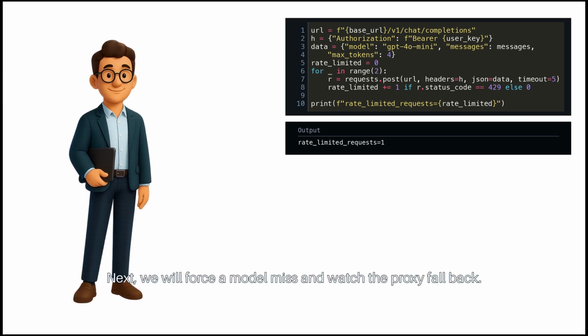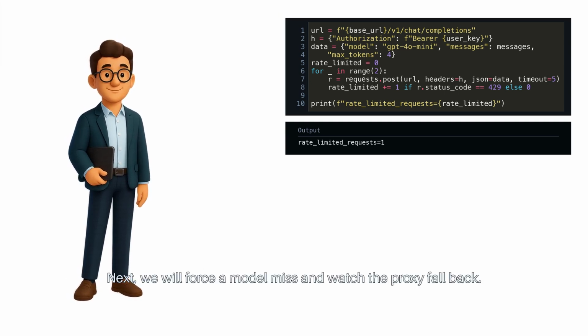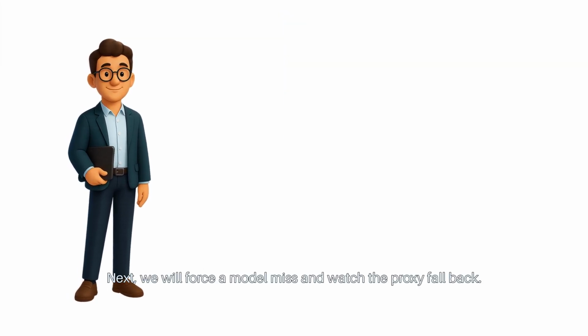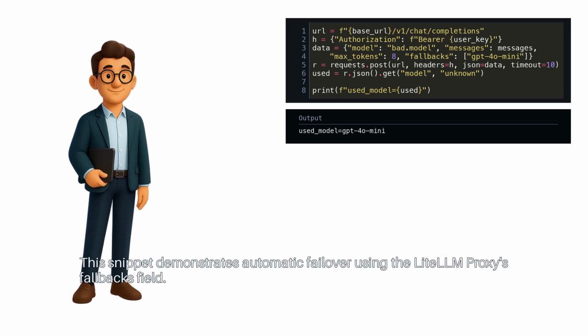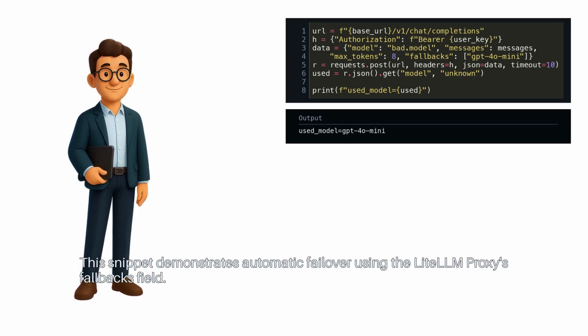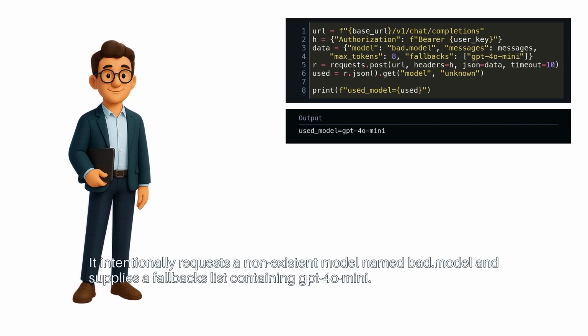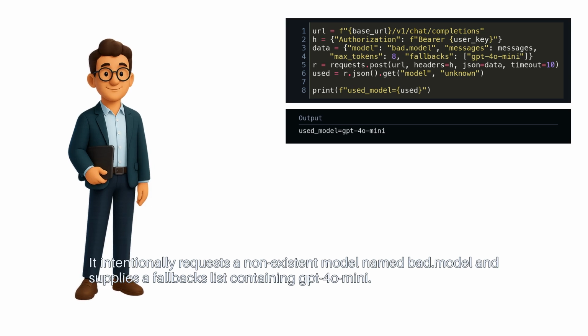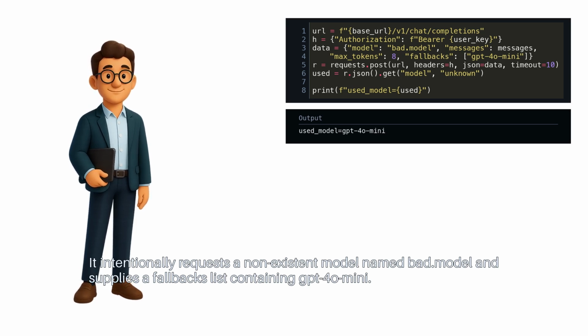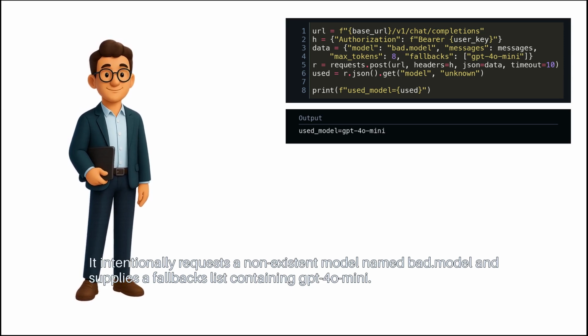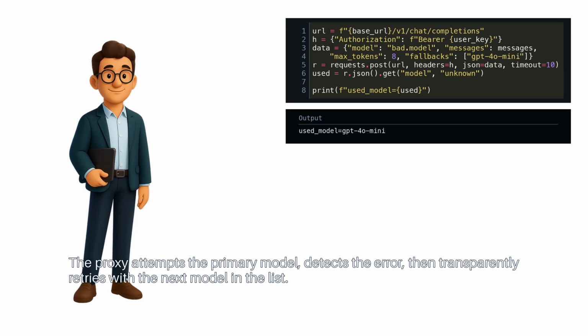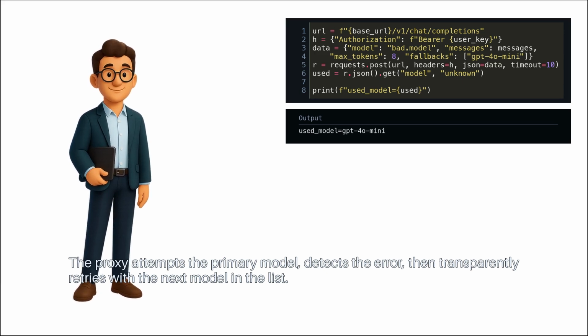Next, we will force a model miss and watch the proxy fall back. This snippet demonstrates automatic failover using the LiteLLM Proxy's Fallbacks field. It intentionally requests a non-existent model named bad.model and supplies a fallbacks list containing GPT-4o Mini. The proxy attempts the primary model, detects the error, then transparently retries with the next model in the list.